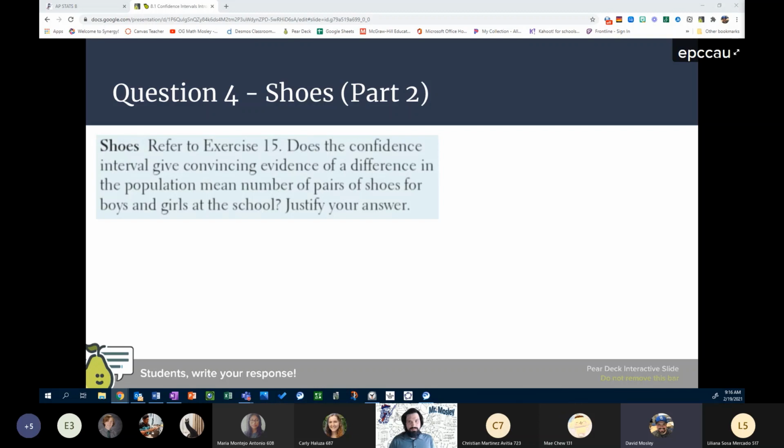Our interval says that we're 95% confident that somewhere between 10.9 and 26.5 is the actual average difference between the pairs of shoes owned. That gives us pretty convincing evidence that the difference is not zero. If there was no difference, we'd have zero as a plausible possible difference, and we don't.